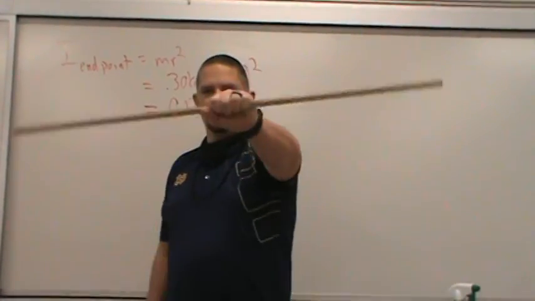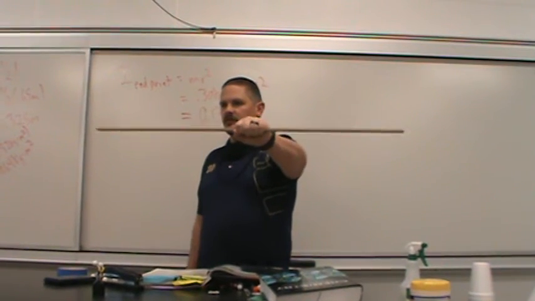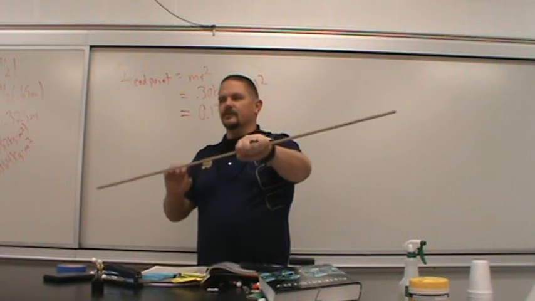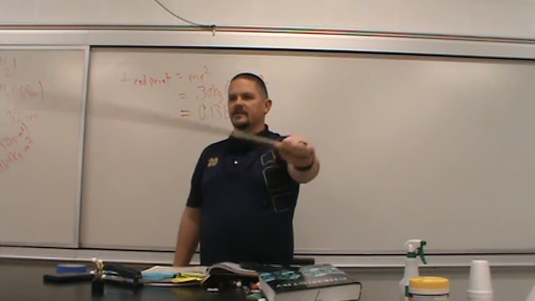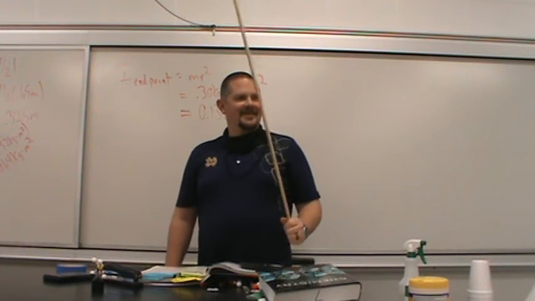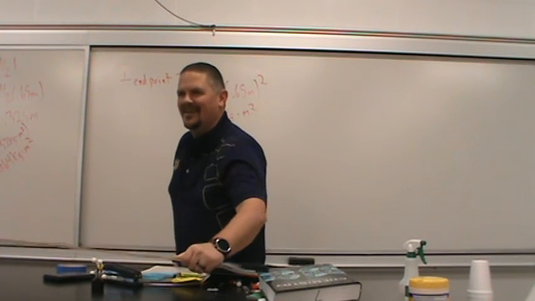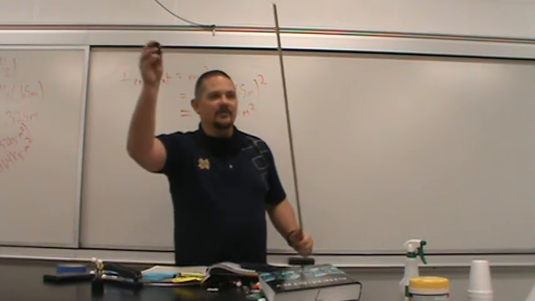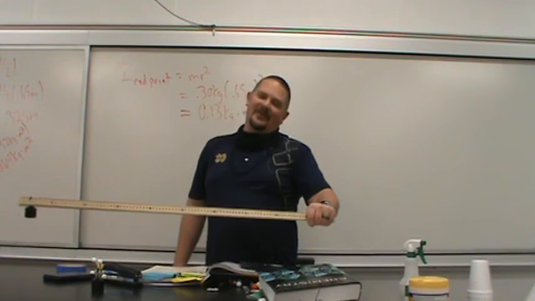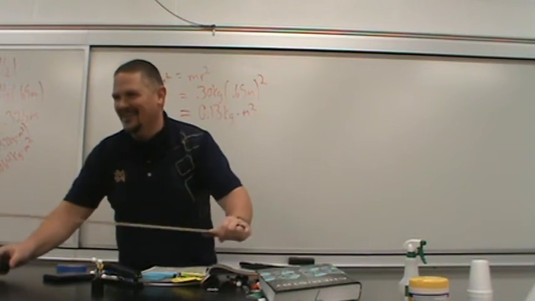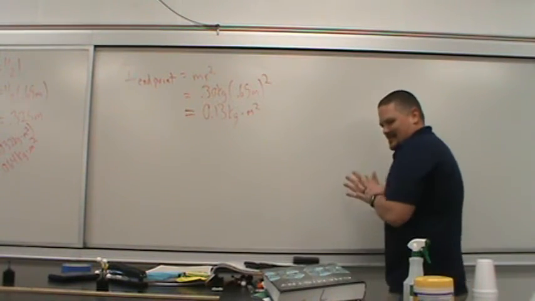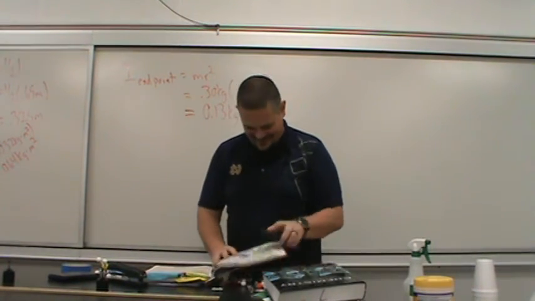If we look at the yardstick, if we hold it right in the middle, it's pretty easy to do. Hold it at one of the ends and put some weight on it at the end.